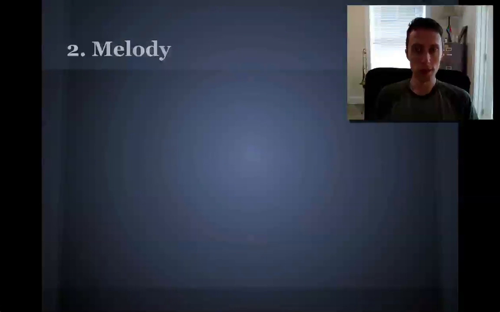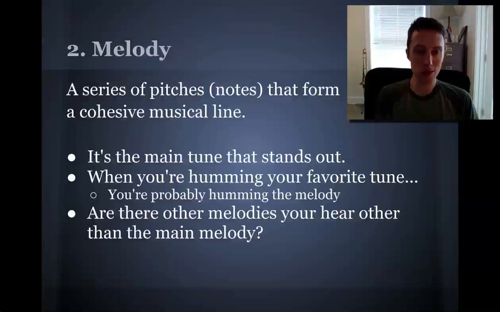Number two is melody. It's probably the most easily recognizable of the elements. The fancy definition is that it's a series of pitches that form a cohesive musical line. It's the main tune that stands out. If you're listening to your favorite song on your iPod or on your computer or whatever, and then later you're walking down the street and you're humming that song to yourself, you're probably humming the melody.